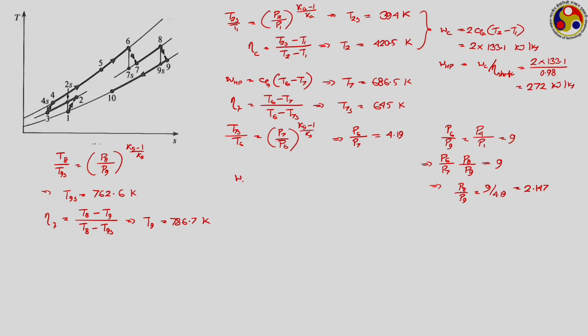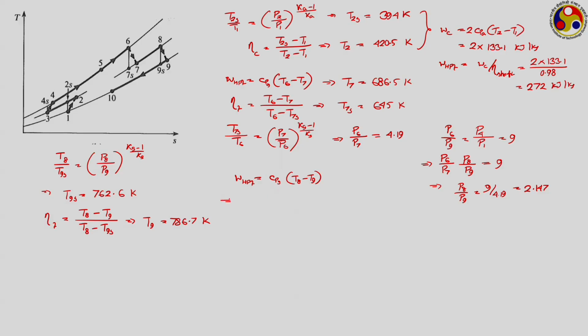So, the work from the LP turbine, I should write this as LP turbine, is coming to be equal to Cp for the gas into (T8 minus T9).